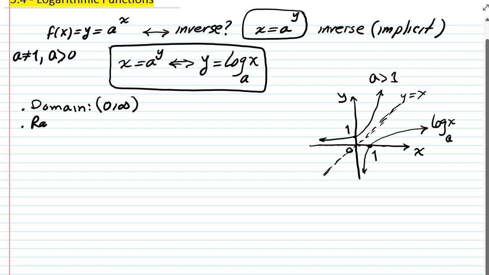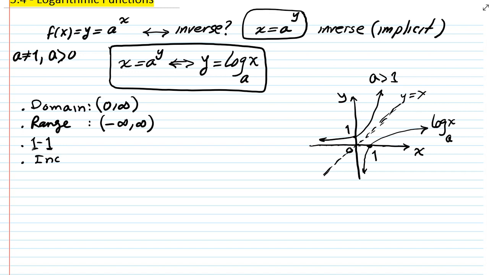The range of logarithmic functions goes from negative infinity to infinity, and that was the domain of the exponential function. The function is indeed one-to-one, it has an inverse, and its inverse we already know is the exponential function. The function is increasing over the entire domain from 0 to infinity.